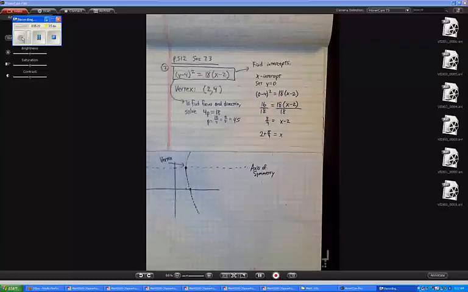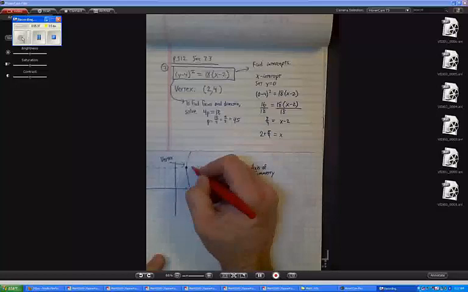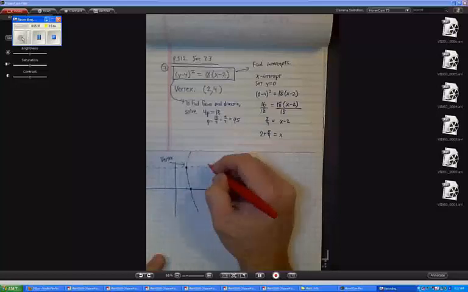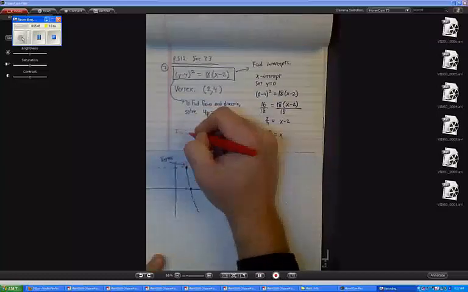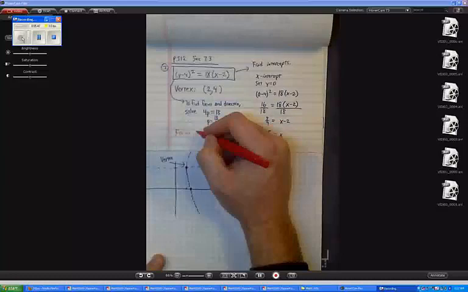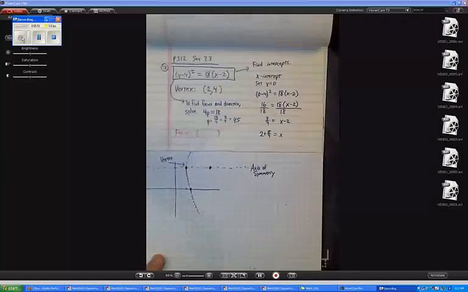Okay? So if I have 4.5, now I can list the focus and the directrix. On the picture, let me move out 4.5. 1, 2, 3, 4.5. Right there. So now I can label the focus. And the focus is a point. Well, I know the y-coordinate. What's the y-coordinate?